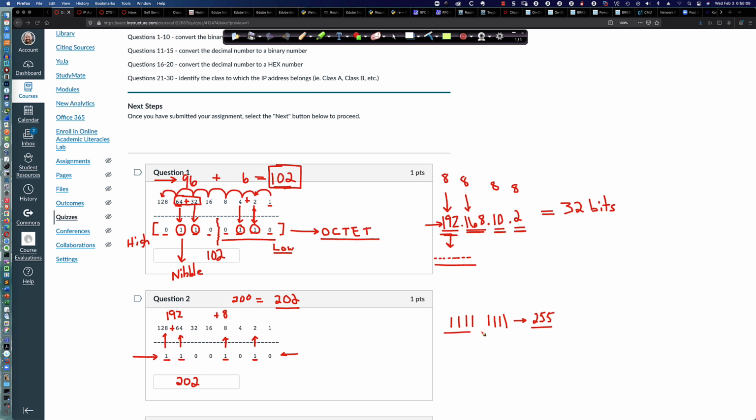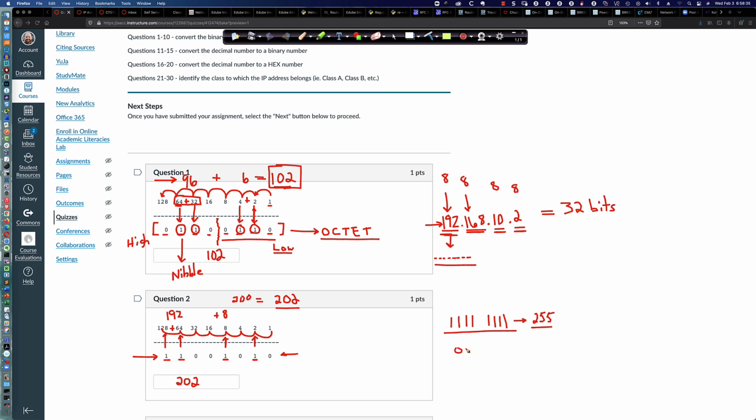So if all of the bits are in the on position, we know right away it's 255 because 128 plus 64 is 192, plus 32 is 224, plus 16 is 240, plus 8 is 248, plus 4 is 252, plus 2 is 254, plus 1 is 255.